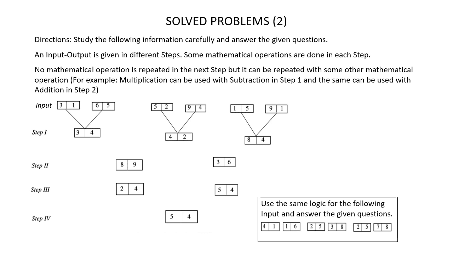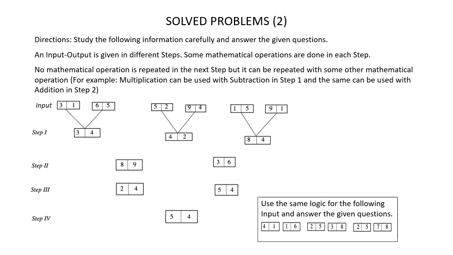Similarly, the third and the fourth input numbers are connected in some way to get the second number of step 1. And finally, the fifth and the sixth input numbers are connected in some way to get the third number of step 1. Each of the numbers in step 1 are written inside a box and each number is split into its respective digits.